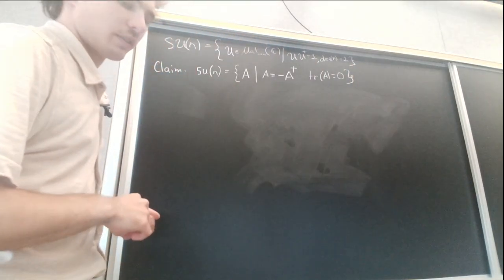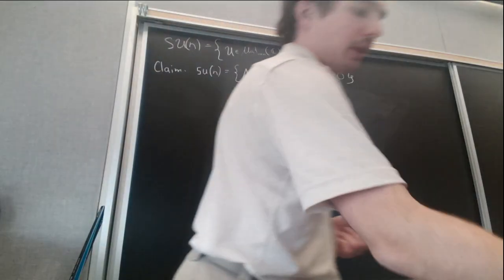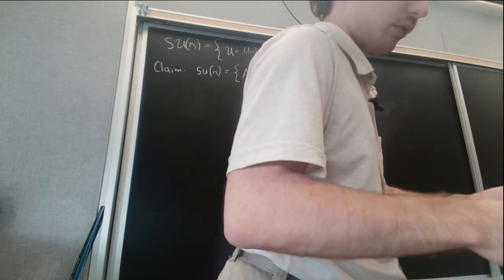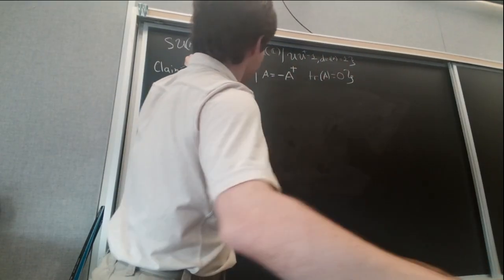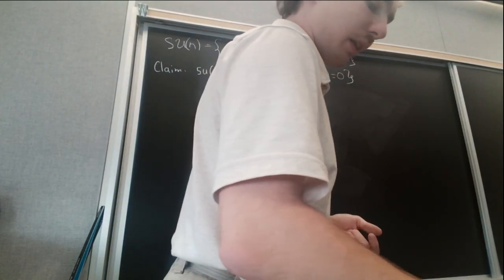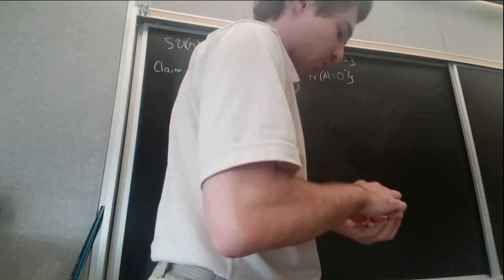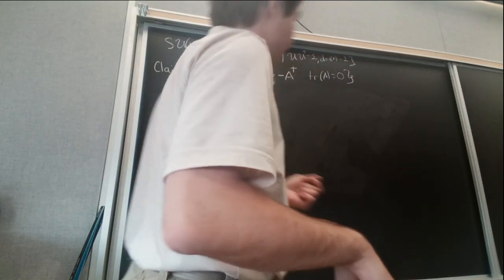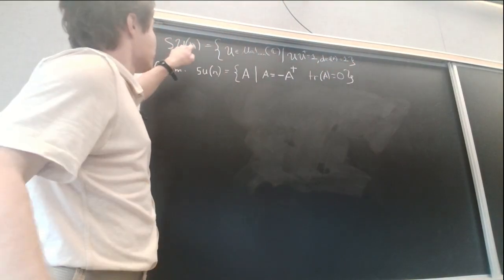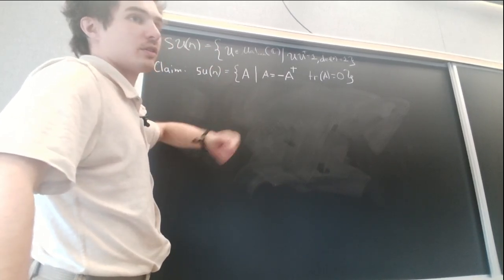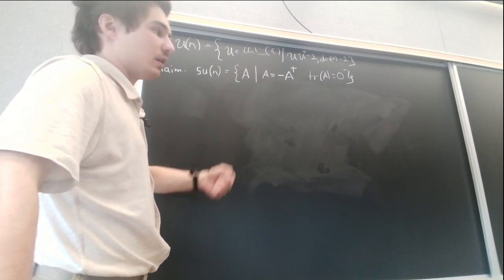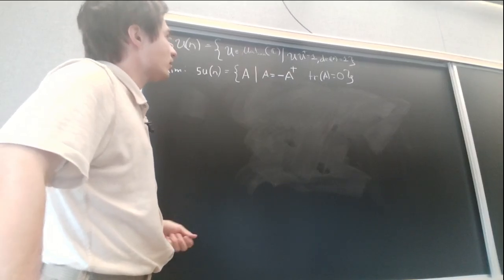So let's try and prove these statements. This is thinking of them as matrix Lie groups. The same is true for thinking of these as operators on some finite dimensional vector space.